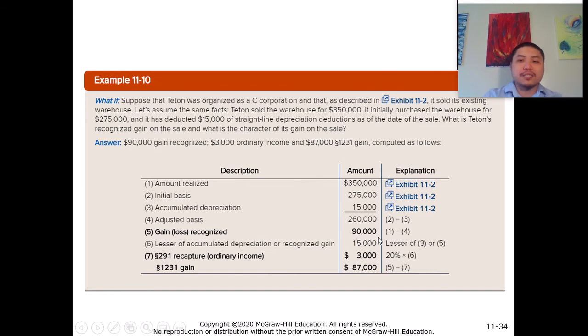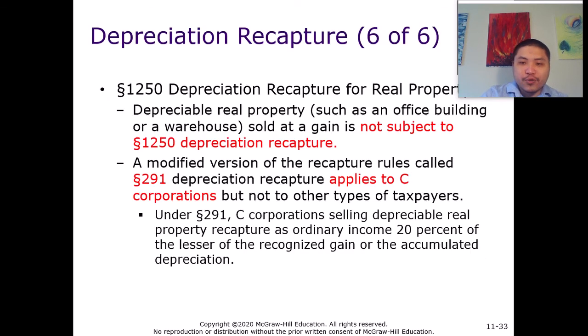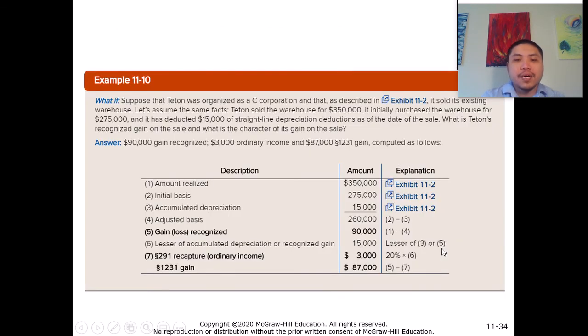The Section 291 rule says that you have to recapture 20% of the lesser of the recognized gain or the accumulated depreciation. In this case, the accumulated depreciation is $15,000 and the recognized gain is $90,000. So we have to recapture 20% of the accumulated depreciation, which is less than the recognized gain here.